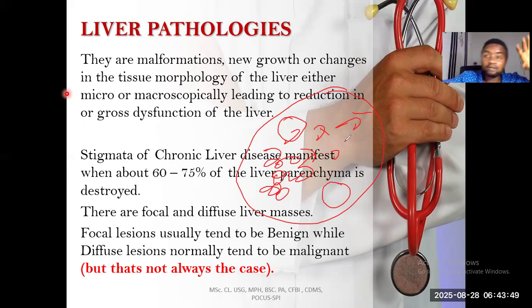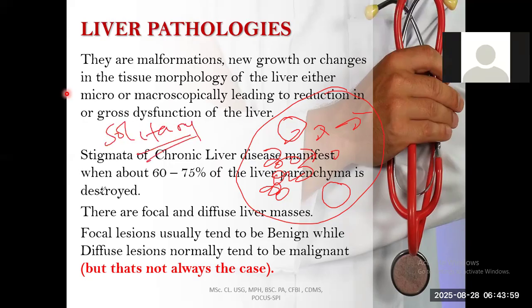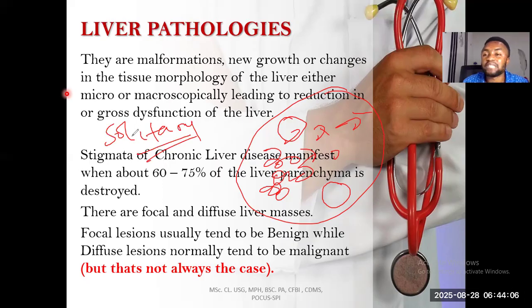You see one is here, one is there, you can even see only one. Only one lesion is what? Solitary lesion. The word solitary means one. So we mostly use that to write reports. There is a hypoechogenic solitary lesion seen in the organ. So that means it is one. You understand?